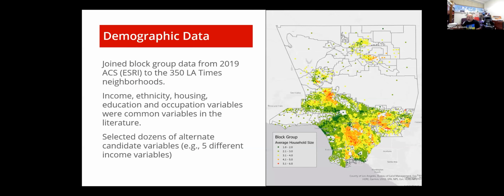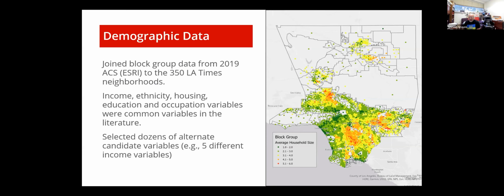So we took the LA Times / City of LA's 350 neighborhoods, and we joined the block group data from the 2019 community survey data to these neighborhoods.